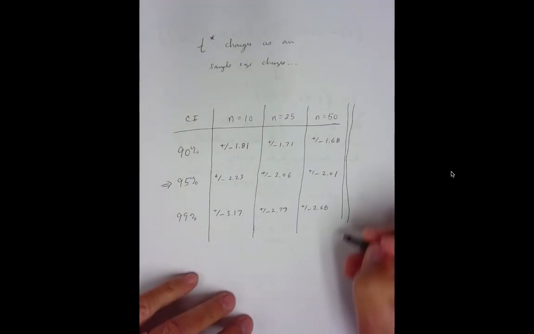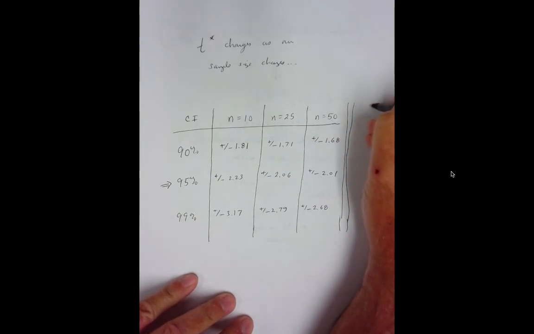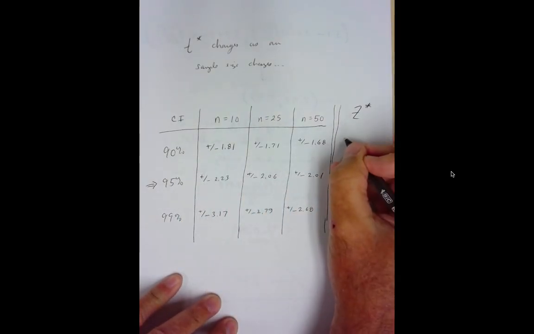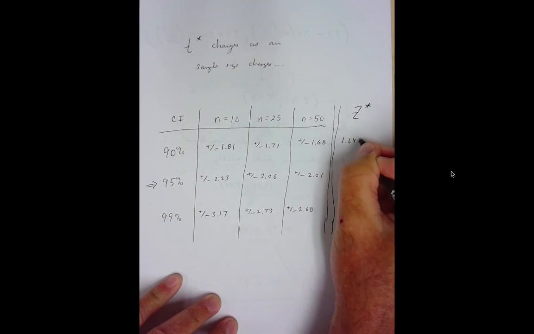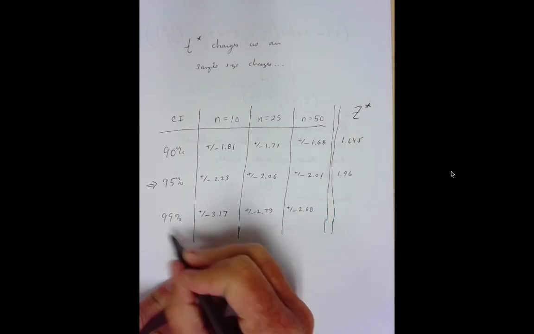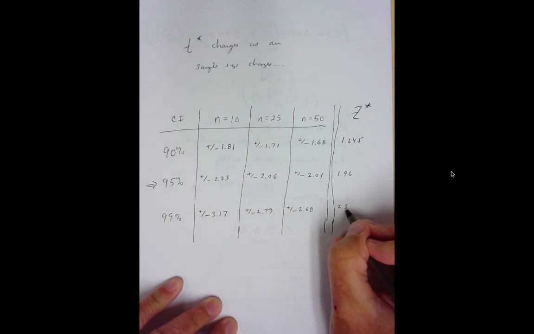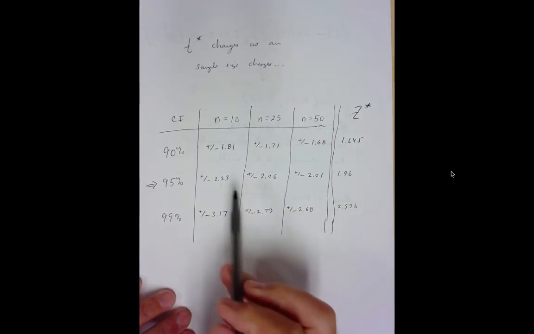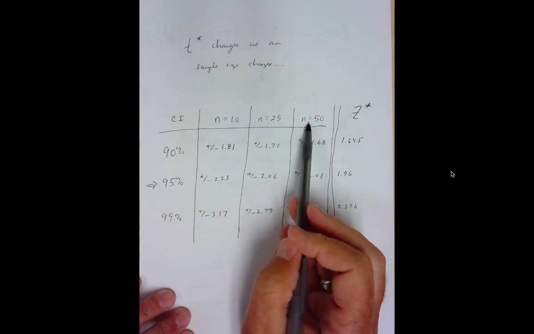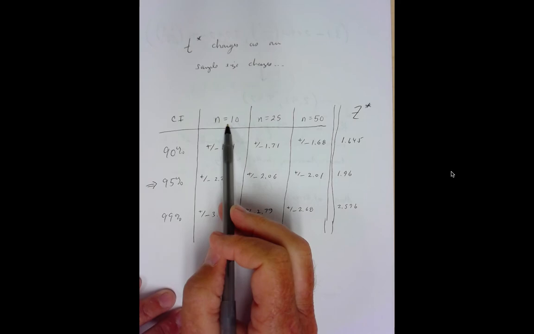Now, ultimately, if we get into the Z distribution, remember doing that last video? We saw that the 90 was what? 1.645. We saw 95 was 1.96, and we saw the 99 was 2.576. Notice what happens. As our sample size increases, of course, these are degrees of freedom.